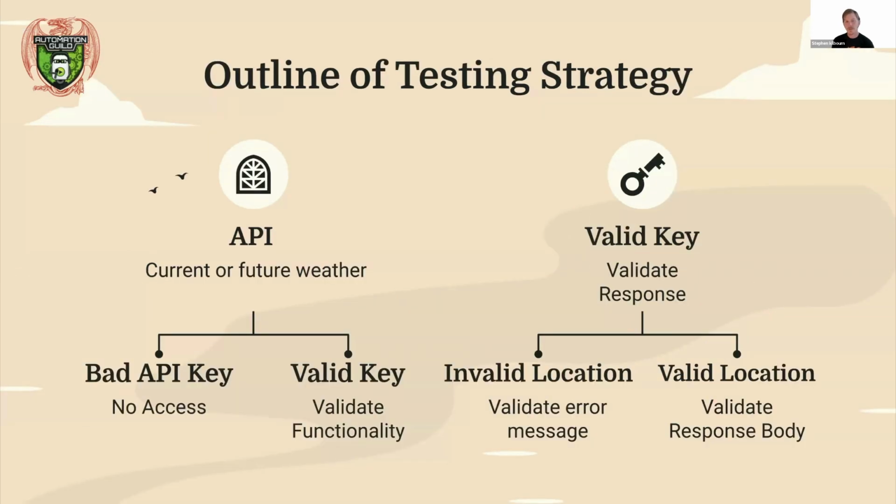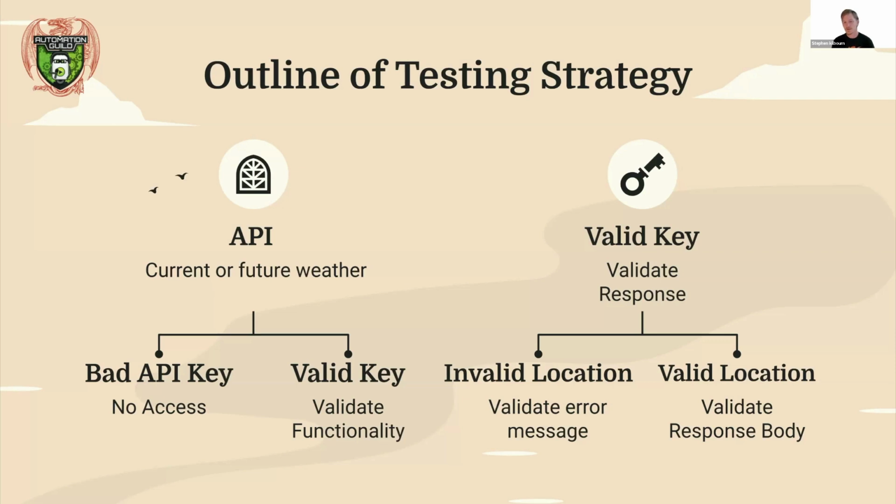So a general strategy for testing an API, I think, is when there's some sort of validation or authentication process, you want to make sure that you can't hit the API without a key or token, and that you get the right kind of error message.